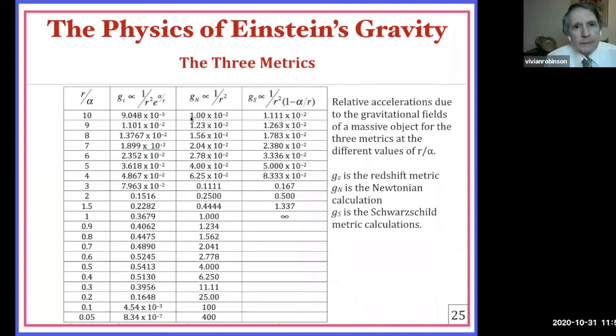This column refers to Newtonian mechanics, and this refers to the Schwarzschild metric. Not surprisingly, gravity under it goes to infinity at r equals alpha. It's just called the strong field solution to Einstein's field equation. As I said earlier, it is based on approximations and has no physics to support it.